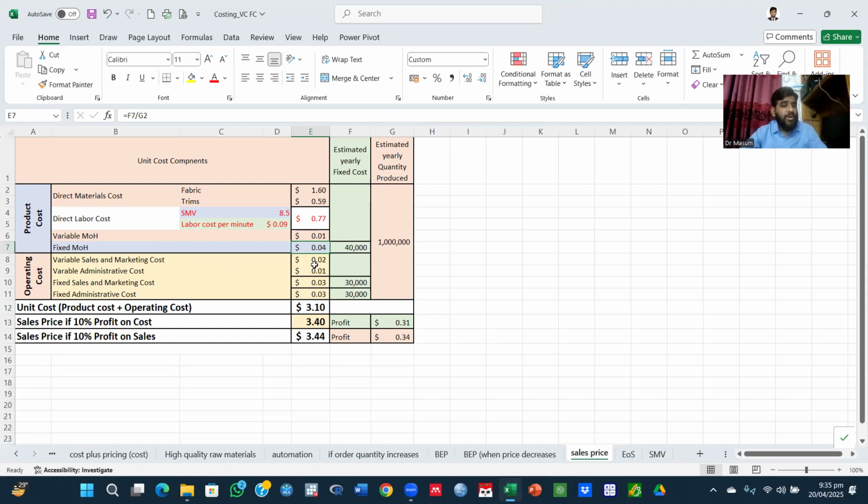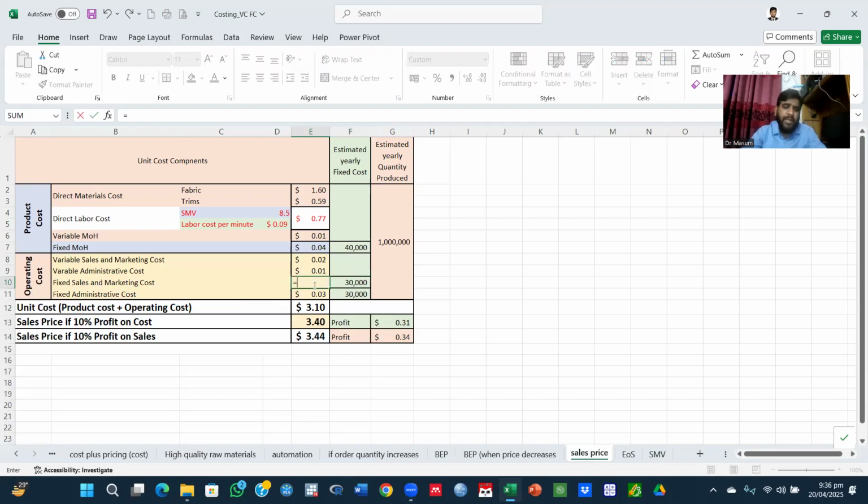And your variable operating cost, sales and marketing cost, is 0.2, your variable administrative cost is 0.0, your fixed sales and marketing cost is 0.03, your fixed administrative cost is 0.03, and it is coming from here because 30,000 is your fixed sales and marketing cost.